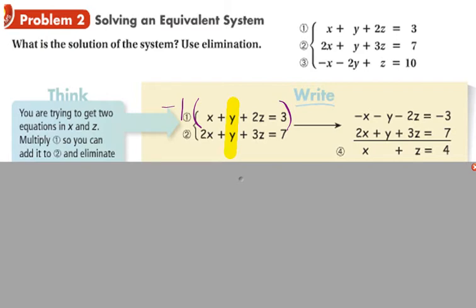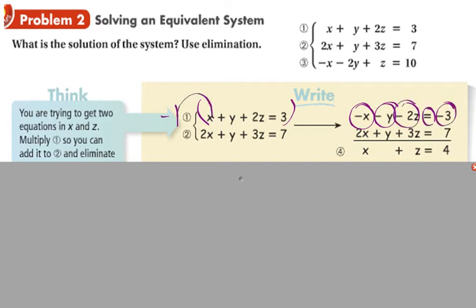And that means if I multiply one of them to get my negative 1, I have to multiply all of it to get my negative 1. So that's what we do. Multiply this whole top line by negative 1. And you get a negative x minus y minus 2z is equal to negative 3.